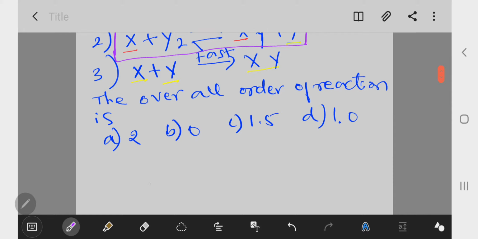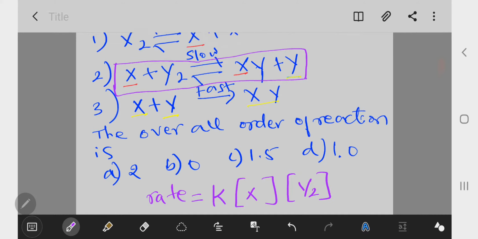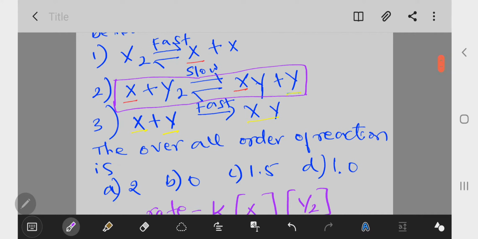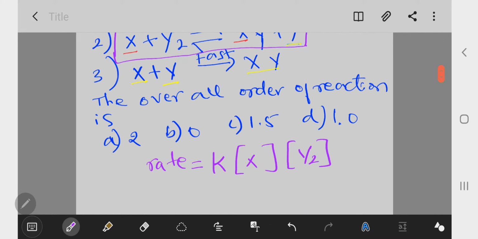The rate equation for this step is rate equals K, the rate constant, into the molar concentration of X and the molar concentration of Y2. In the beginning we have taken X2, but X2 is not participating in the slowest step.